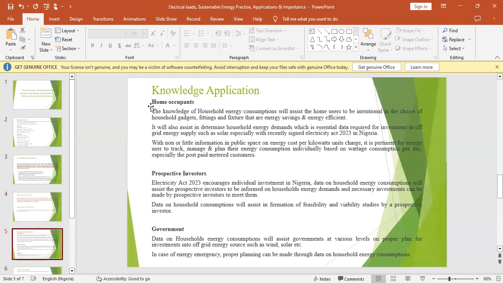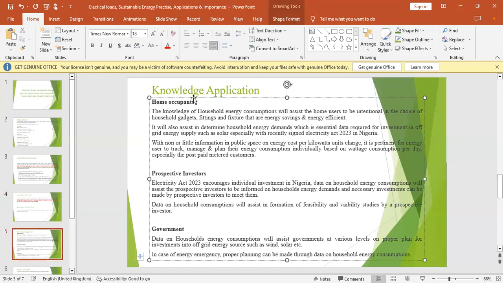What is the practical application of this discussion? To home occupants, the knowledge of household energy consumption will assist the home user to be intentional in the choice of household gadgets, fittings and features that are energy saving and energy efficient.